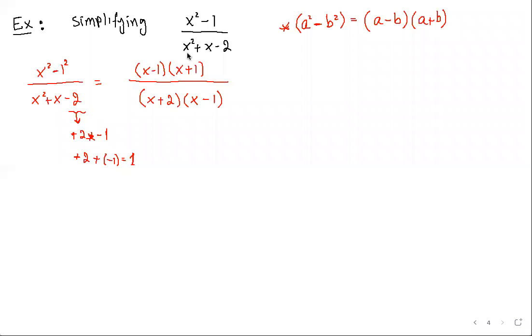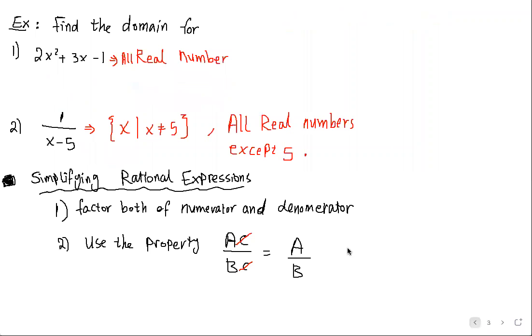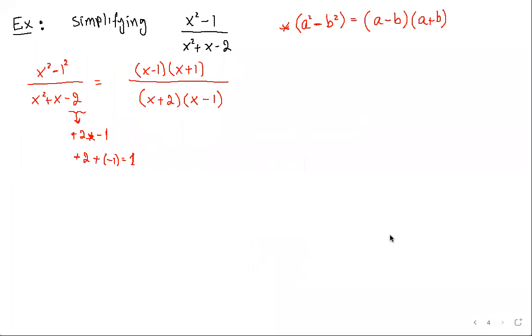Okay, now we're looking for the common factor. Going back, we're using this property: if there is any common factor, we cancel it. What is the common factor between the numerator and denominator? The x minus 1 at the top crosses out the x minus 1 at the bottom.